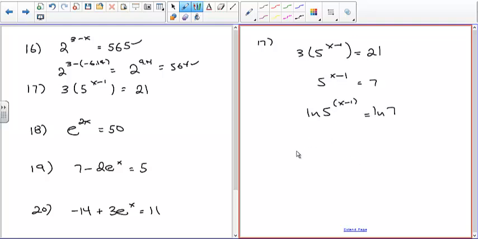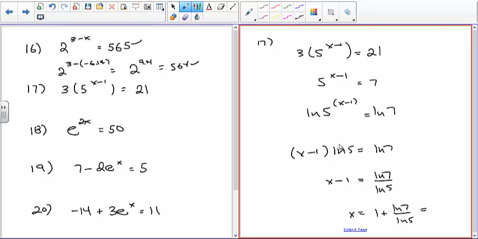Bring the exponent out. Divide both sides by the natural log of 5. Add 1 to both sides. And you get 1 plus the natural log of 7 divided by the natural log of 5.